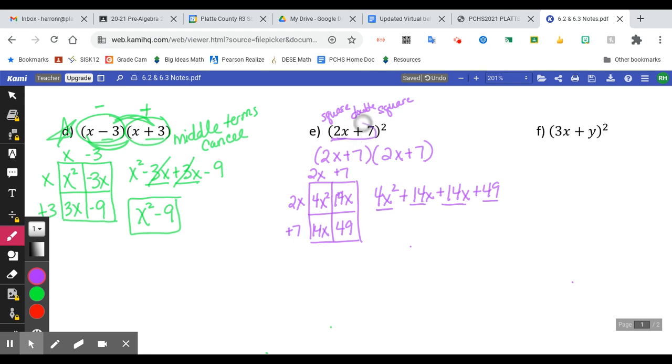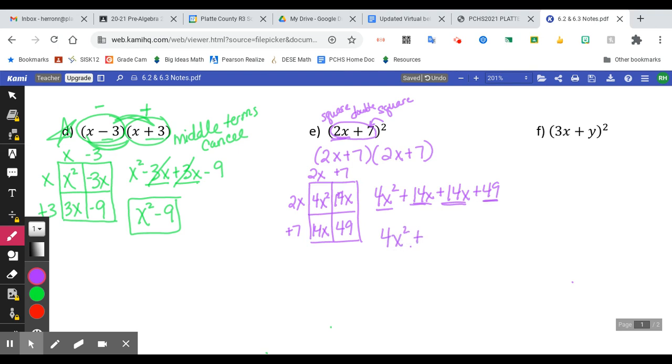Double means we take these two in the middle, multiply them, and double it. So 7 times 2 is 14x. We double it. There's two of them. Then square again. 7 squared is 49. So square, double, square is what you end up with your answer.